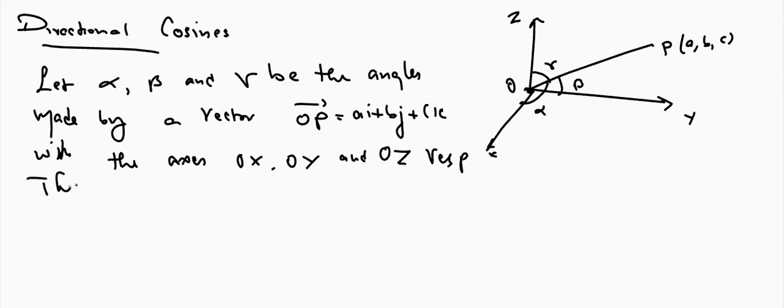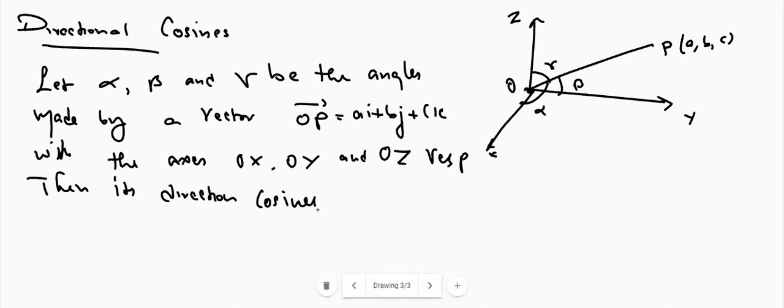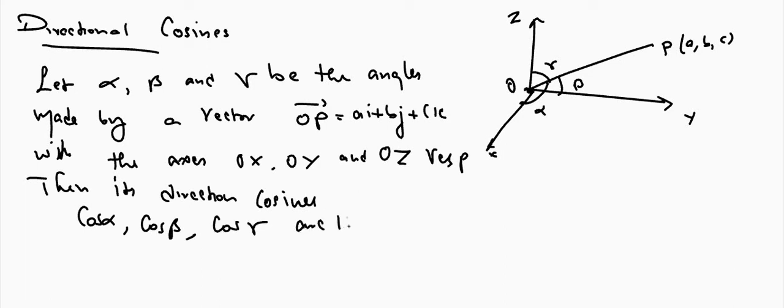Then these angles are known as direction angles and their cosines, cos alpha, cos beta and cos gamma, are known as direction cosines.